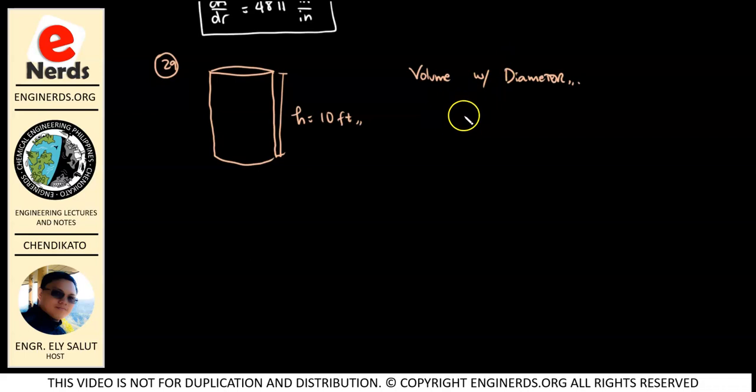But sabi that our radius is equal to 5 feet, di ba? So therefore, if our radius is equal to 5 feet, then our diameter, which is twice of our radius, is equal to 2 times 5. Therefore, our diameter is equal to 10 feet. Diba? So, we need to take note of this value.